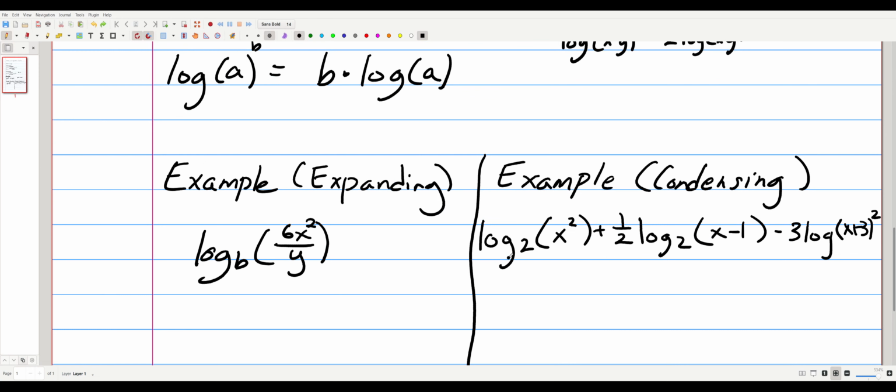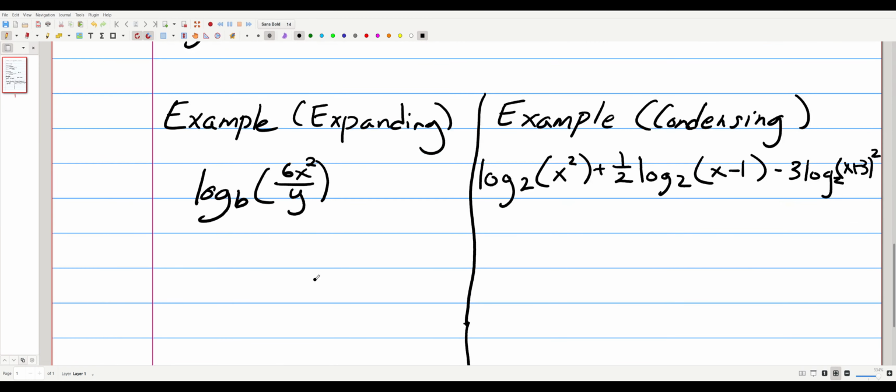Okay, so here we have log base b, argument 6x squared over y. And so typically what we're going to try to do, when we're expanding logarithms, is go from the product rule, then the quotient rule, and then if we have it, we'll do the power rule.